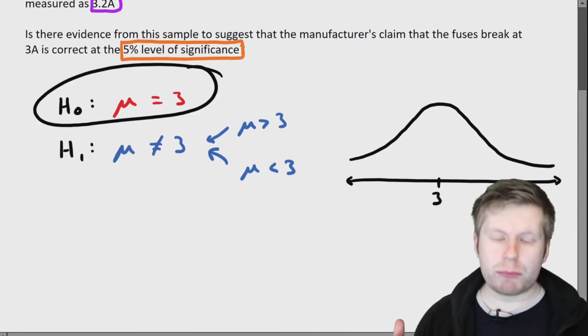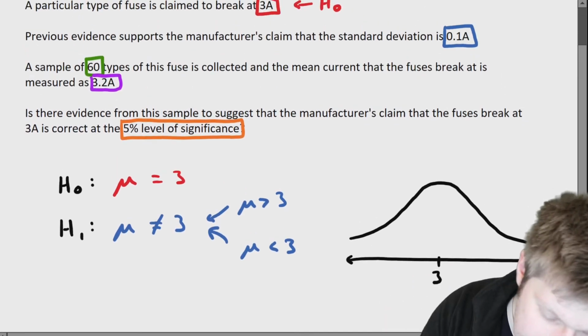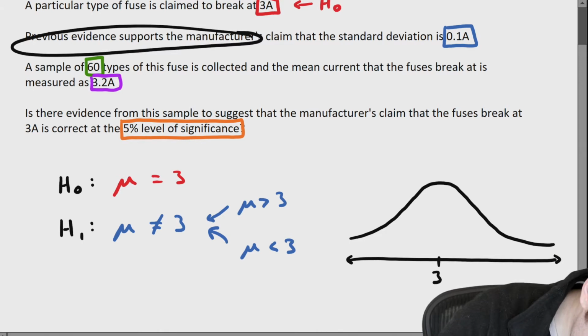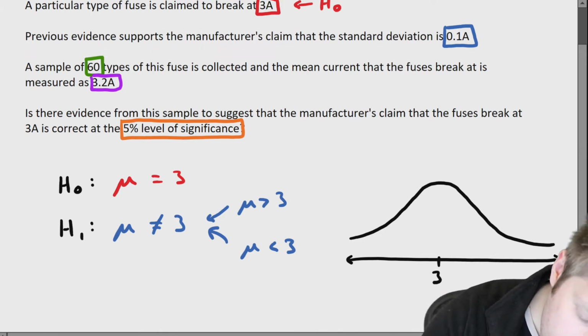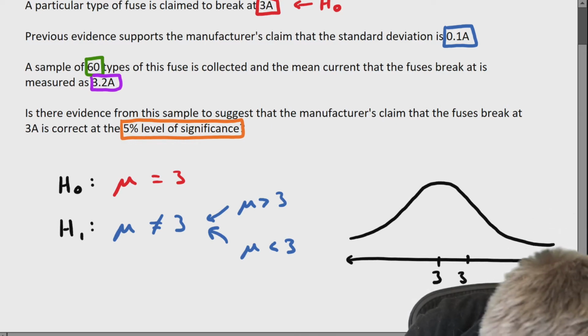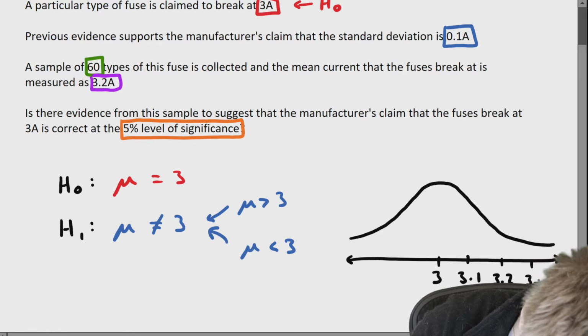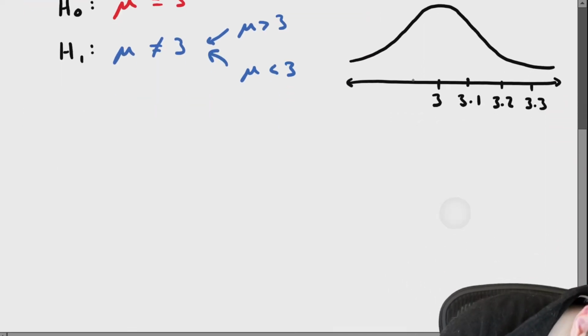And remember, throughout the whole testing process, I assume that the null hypothesis is true. I'm then told that previous evidence supports the manufacturer's claim that the standard deviation is 0.1 amps. So if I look at 3 standard deviations each side of the mean, I end up with a distribution that looks something like this: 2.7, 2.8, 2.9 and so on.